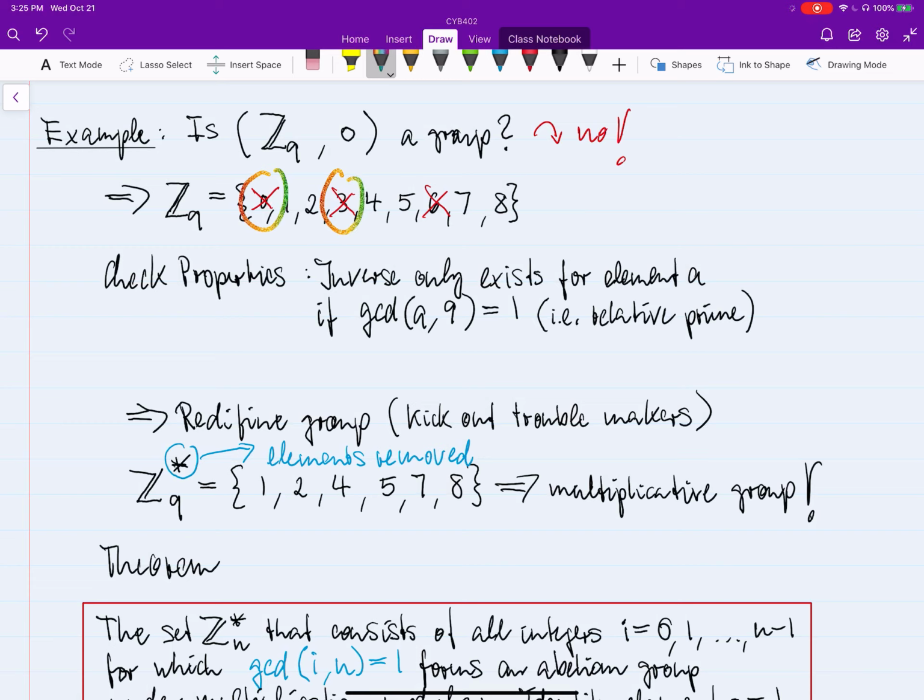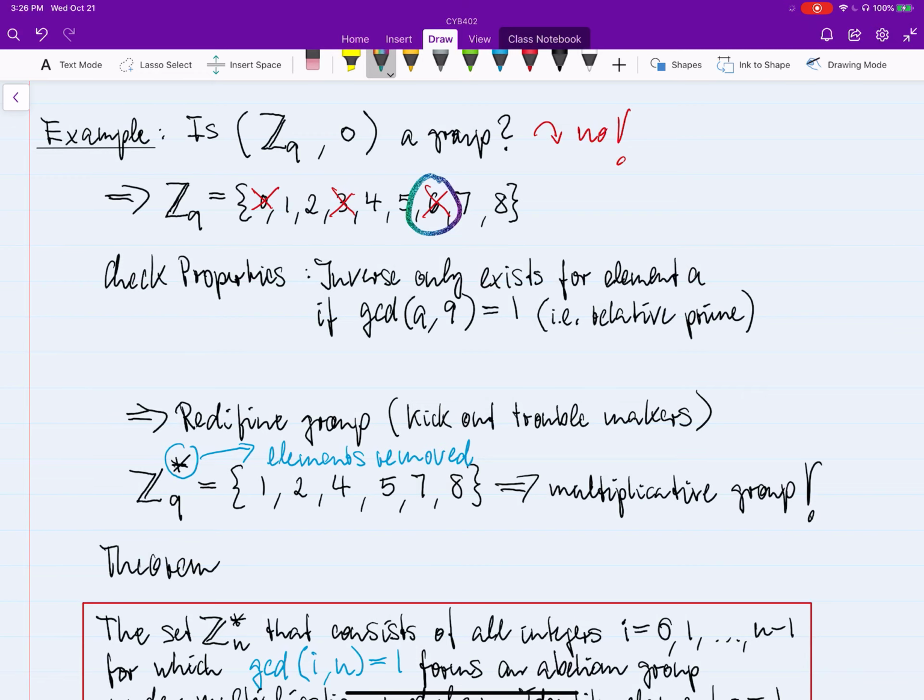It's 0, which has the greatest common divisor 9. Here for the 3, the greatest common divisor is 3, and in the case of 6, the greatest common divisor is 3 again.